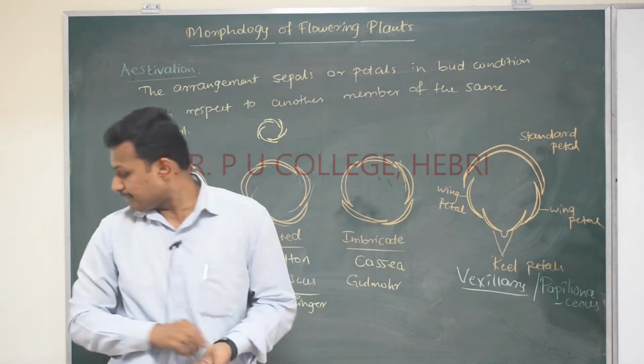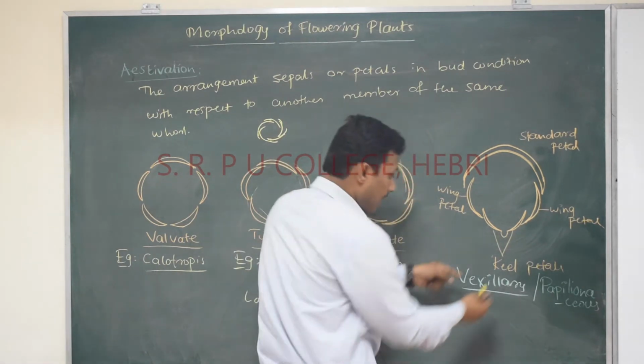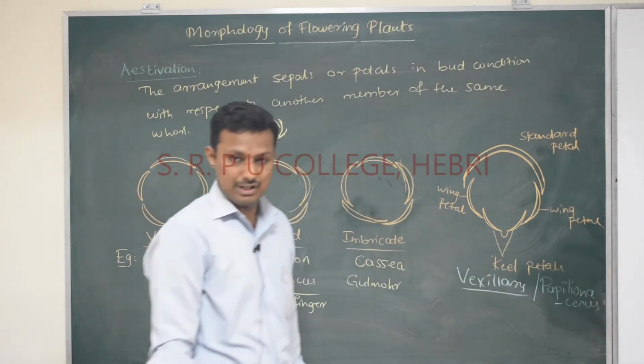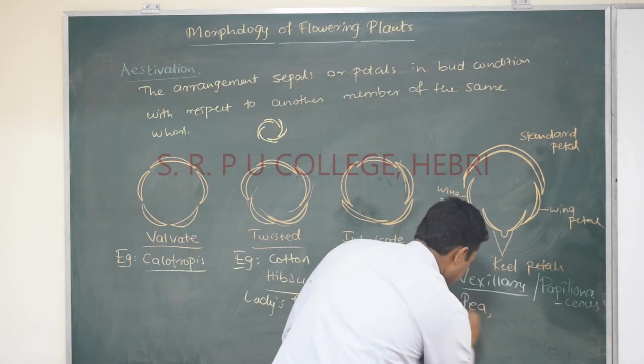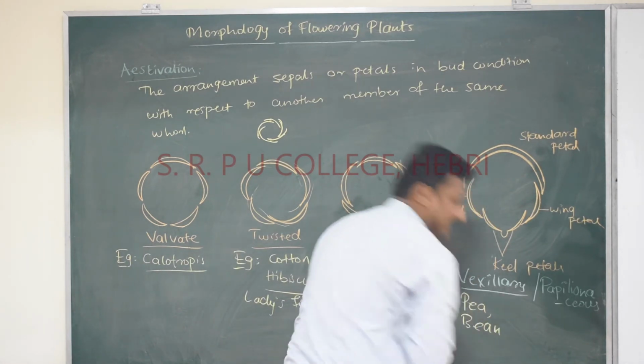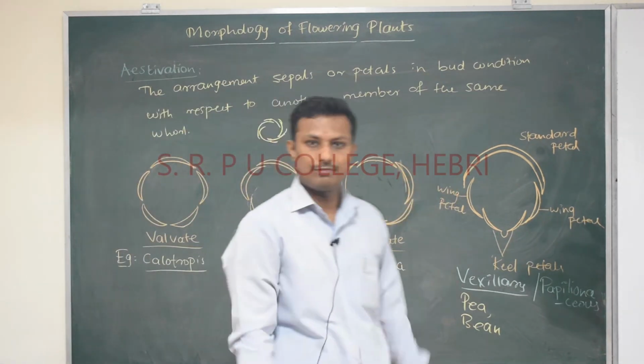And example for this one, you can give the examples like any Fabaceae flower or any flower belonging to the Papilionaceae. So you can give pea, bean, etc. Pea, bean, etc. can be the example for this particular type of aestivation, right?